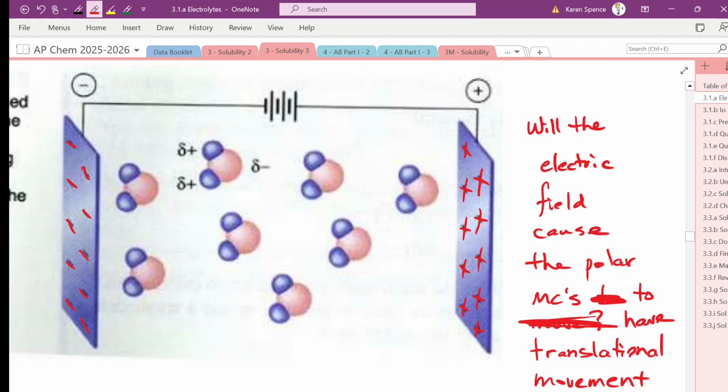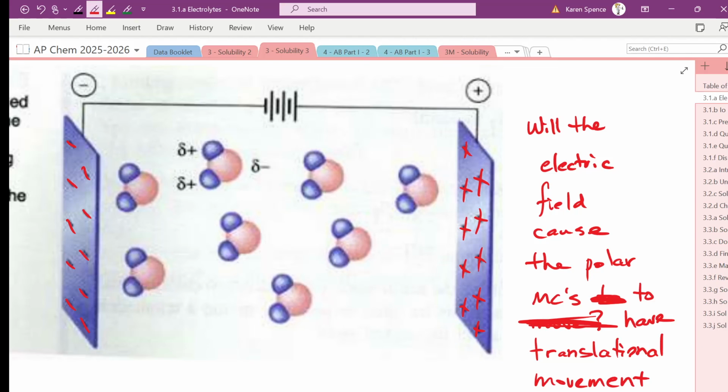Excellent. Will the electric field cause the polar molecules to have translational movement? Oh, only 2 people knew that. Will the electric field cause the polar molecules to have translational motion? No, why not?